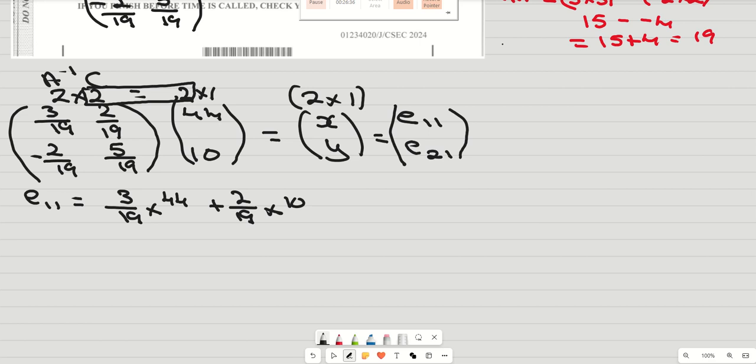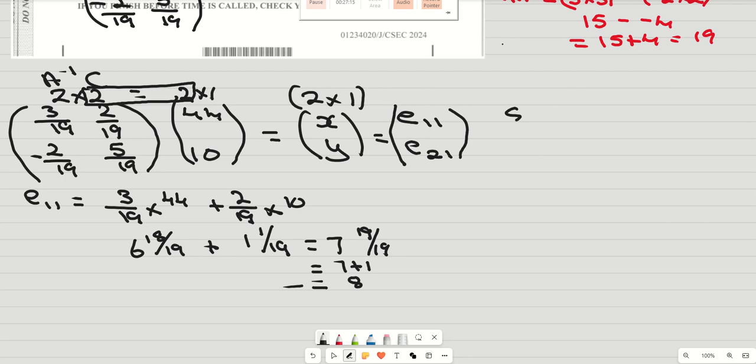So 3 over 19 multiplied by 44 is 6 and 18 over 19, plus 2 over 19 multiplied by 10, which is 1 and 1 over 19. So 6 plus 1 is 7. 18 plus 1, the denominators are the same, is 19 over 19, which is a whole. So 7 plus 1 is 8. I know that my x value is 8.